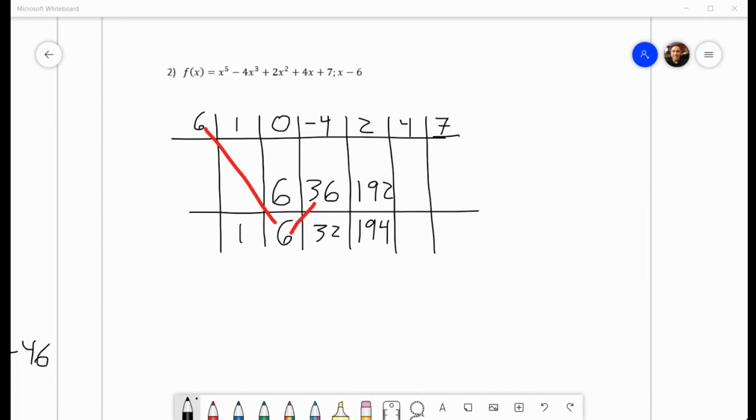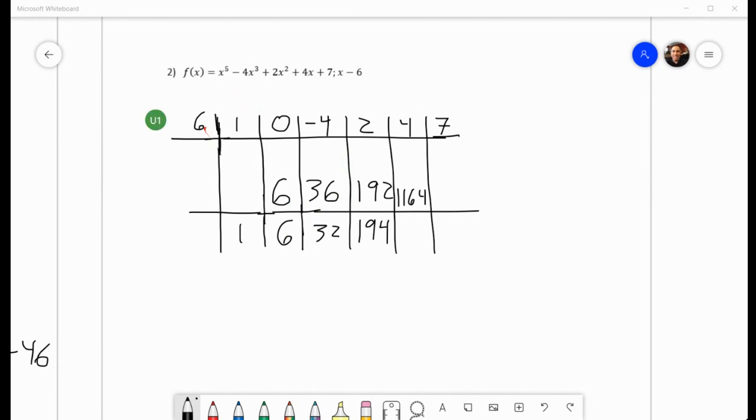Just erase this red mark. Okay, so next we have 6 times 194. What is that going to be? That's 1,164. And no, I didn't do that in my head.